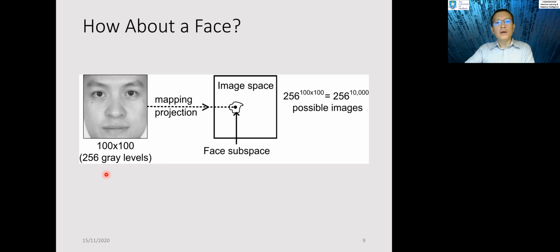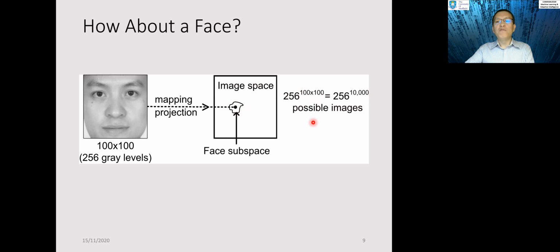And we can imagine that all our human faces are similar, and in that space of 100 times 100, they are likely to lie close to each other and form a face subspace. Because in that huge space, what we have from previous calculation is 256 to the power of 10,000 possible images, right?